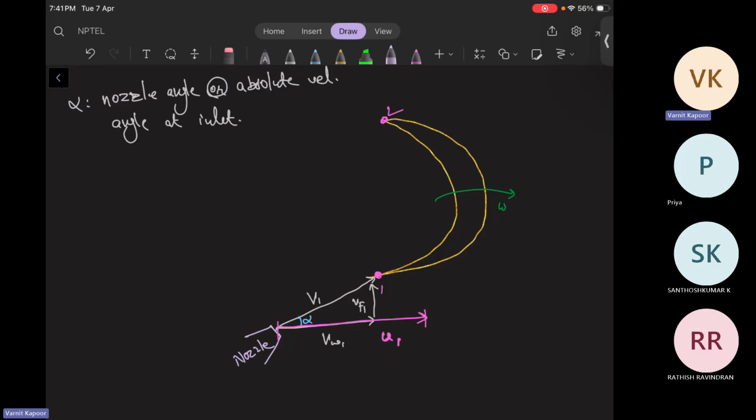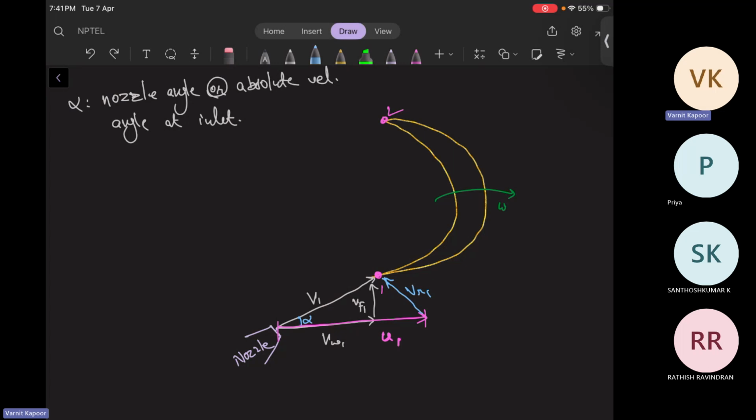Let me draw. It doesn't matter whether v relative 1 is this side or this side, the sign will only change, the magnitude will always remain the same. So don't worry about that. Whatever way you make the diagram, always remember these two conditions should be followed. I'll write these two conditions. So this is your velocity v1. Either it's a turbine or a compressor or a pump, you can make it any way, but those two conditions should always be fulfilled.